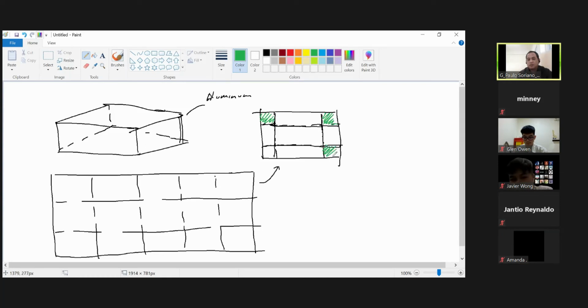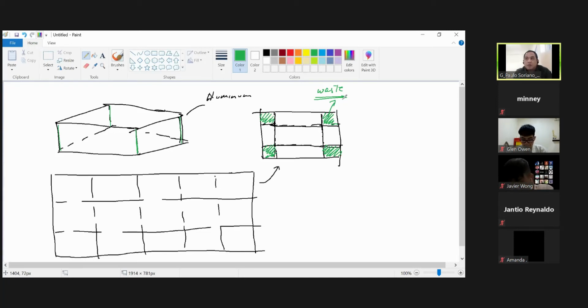You need to cut off that part, and then fold this one and join them together to form the seams, and that will be your container, right? Clear? So technically this part goes to waste, right? Yes or no? That is now going to be waste.